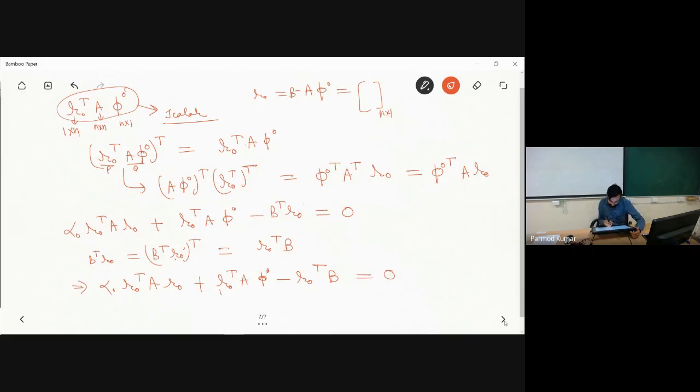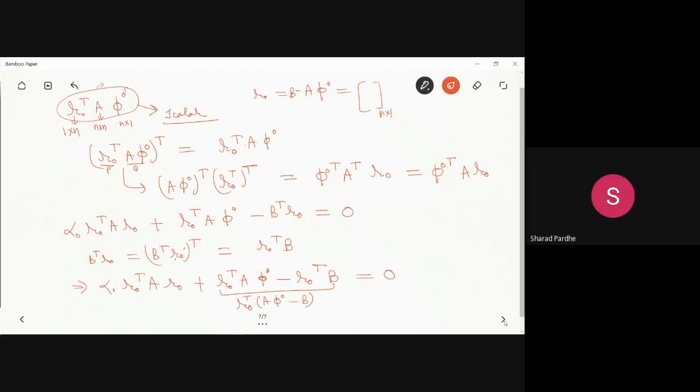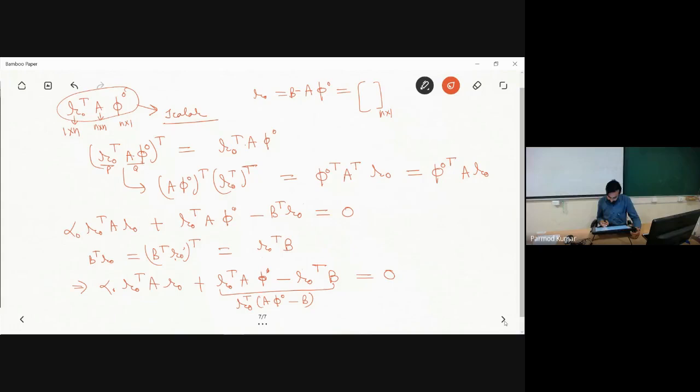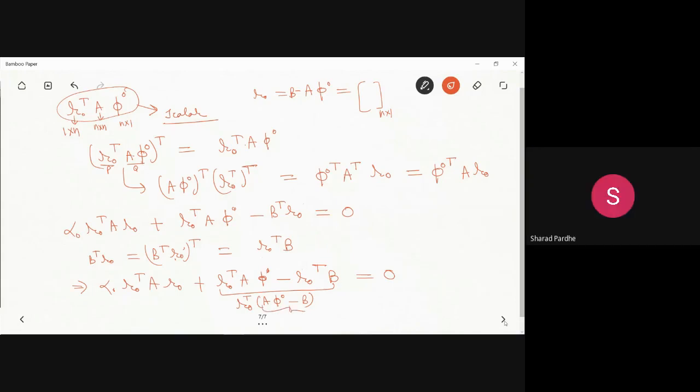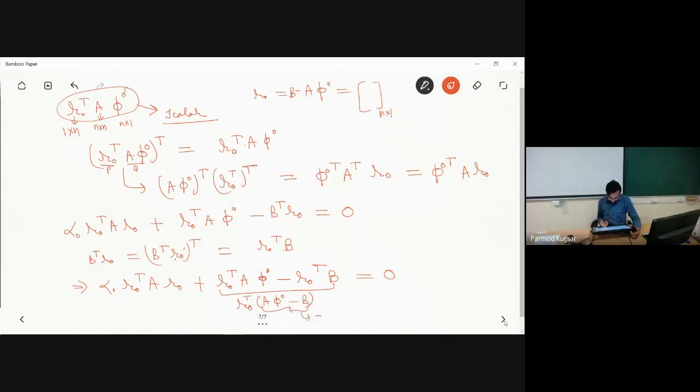So what is this term? This term is becoming R naught T times A phi naught minus B. What is A phi naught minus B? Minus of residual, minus of R0.